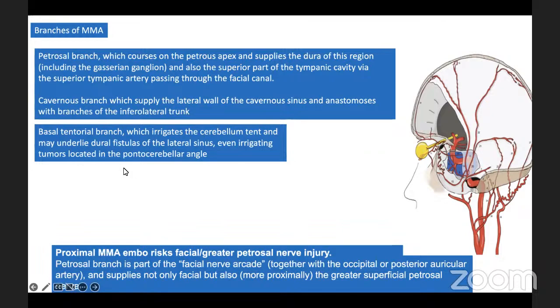Then there is another tentorial branch which irrigates the cerebellar tentorium and may underlie the dural fistulas of the lateral sinus, sometimes irrigating the tumors over there. So proximal MMA risk is facial and GSP injury as well, as this petrosal branch is a part of the facial nerve arcade, and it not only supplies the facial but also the greater superficial petrosal nerve.